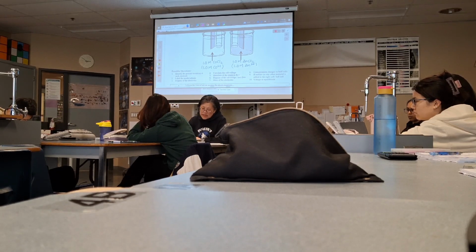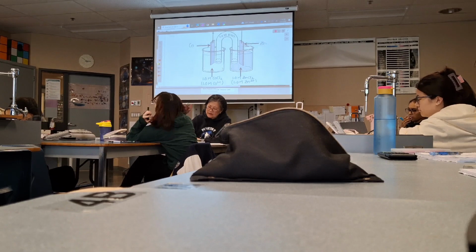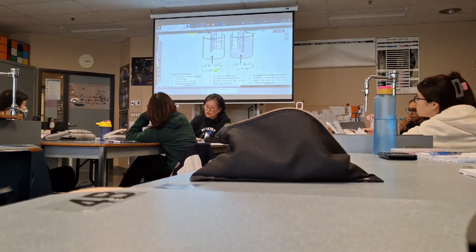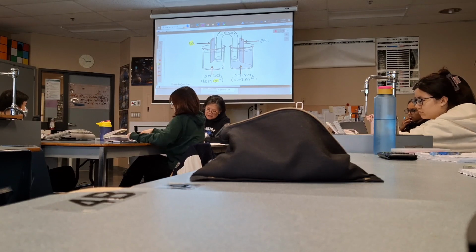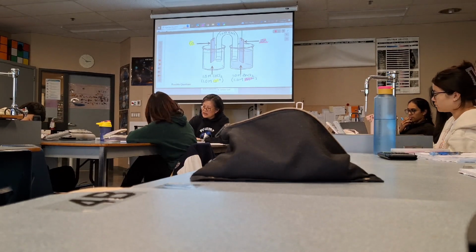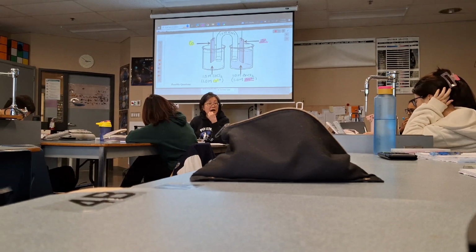The first one says, identify the process occurring at each electrode. So the first thing I'm going to do is take a look. It's going to be between Co and Co2+, and also between Zn and Zn2+. Those are my potentially reactive species.